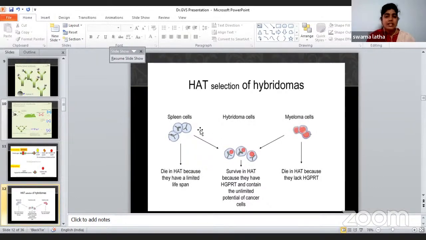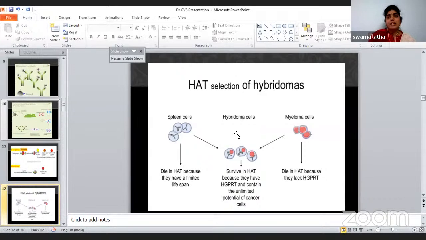Though we are getting the hybrid cells and we can select only hybrid cells, there will be chances of contamination. That's why I'm saying monoclonal antibody production is not as easy as what we are seeing. Without contamination, we should isolate, then we should take it further.